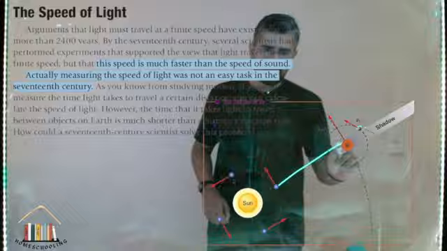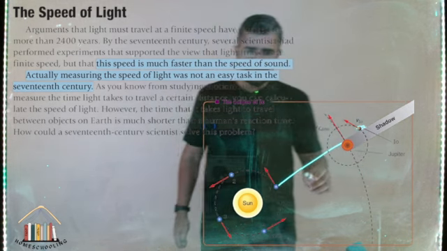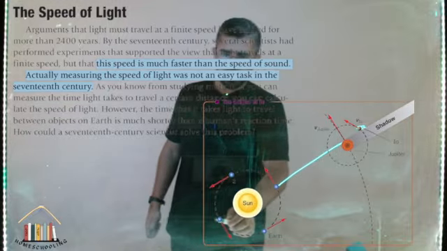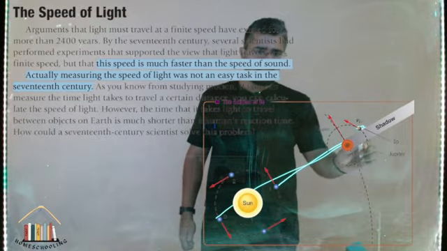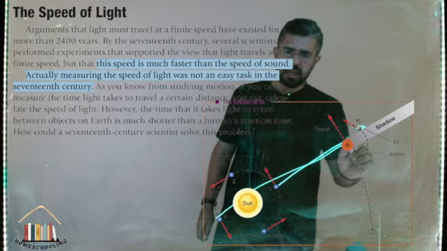Then he waited for the Earth to reach the third position and did the same measurement to reach the moon, after one cycle around Jupiter.